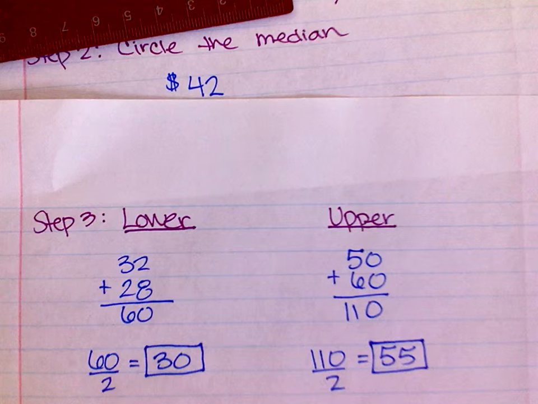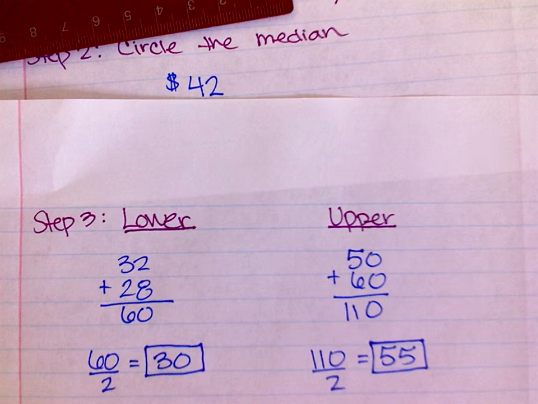Alright, so if I have a list of numbers, say I have 2, 4, 6, 8, 10, 12, 14, 16, 18. For example, look up here. What's my median of this? 10. 10's in the middle, right?